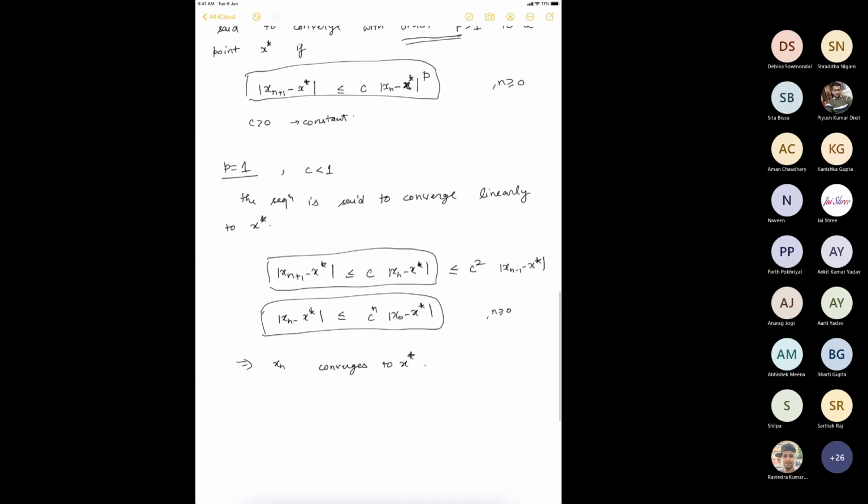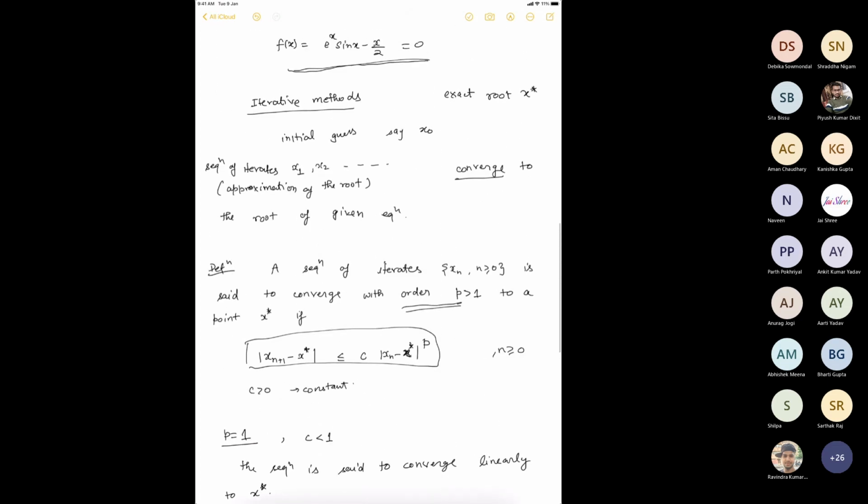Now suppose we are applying the iterative method. That is, we start generating the iterates. We start with x naught and then we find x1, x2. One thing is that we do not expect that any of these xi's will exactly coincide with x star, right? We are not really expecting to produce the exact solution x star.